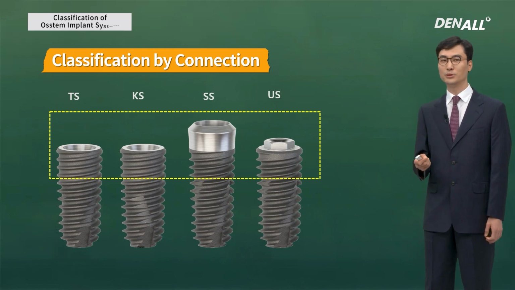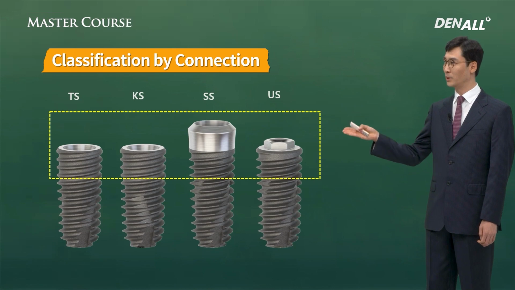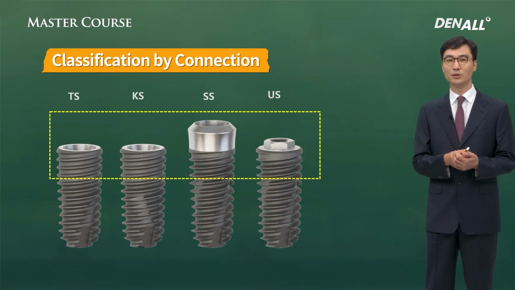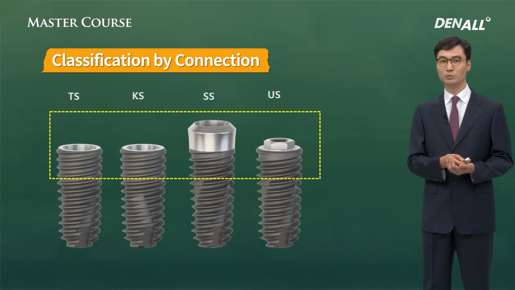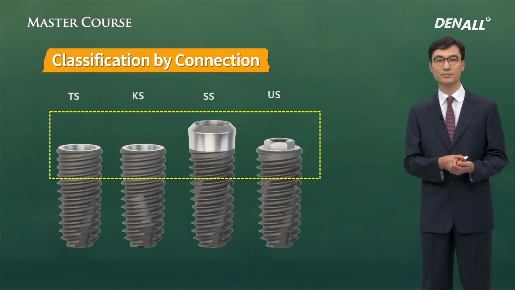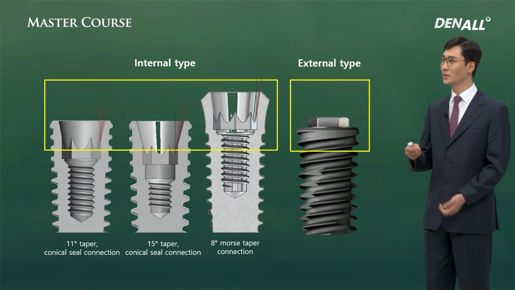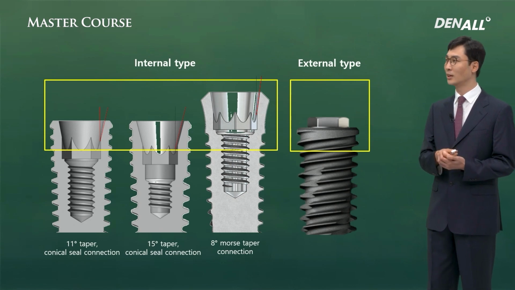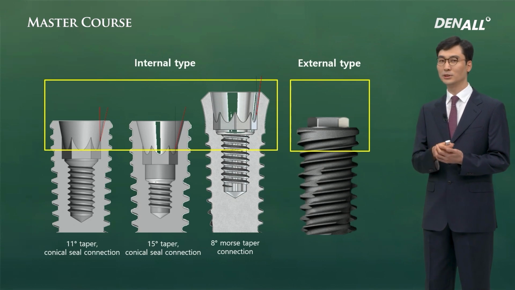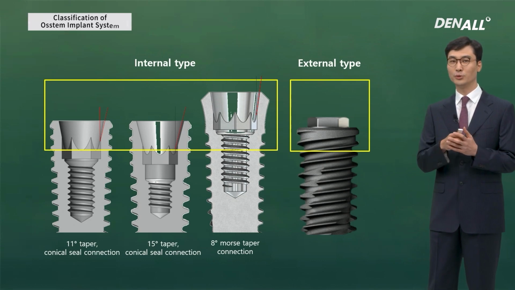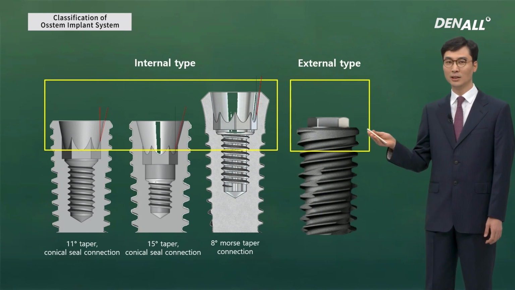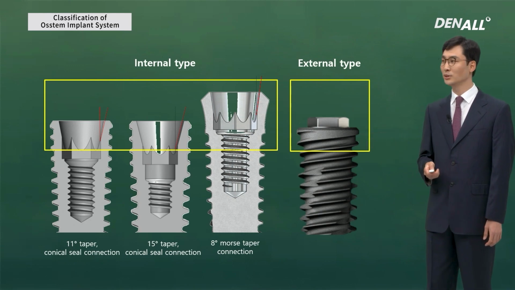The way to classify them depends on how the abutment is connected at the top of the implant. On the left, the abutment goes into the implant, the internal type. On the right, an abutment is connected to the protruded part of an implant, that is an external type.